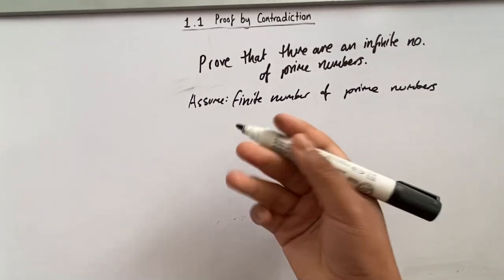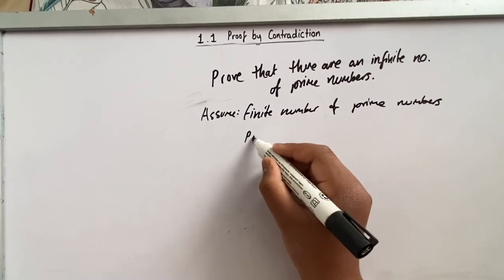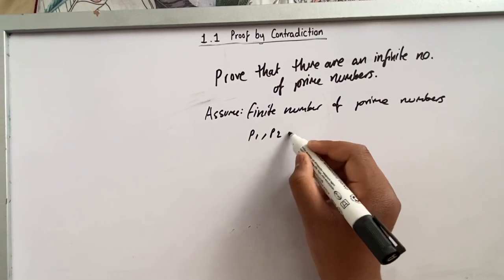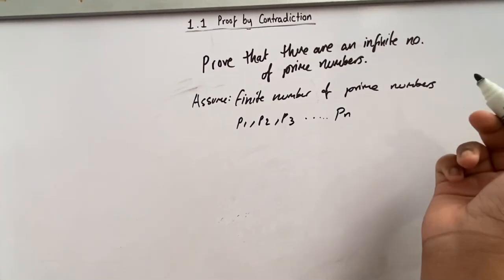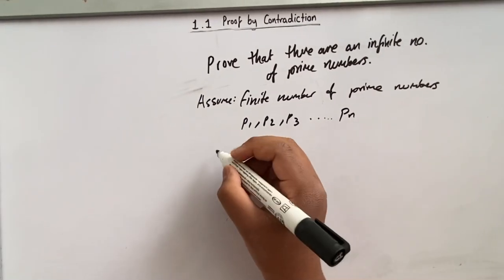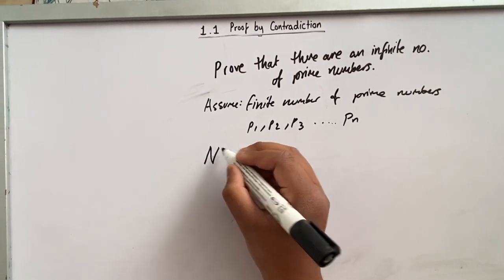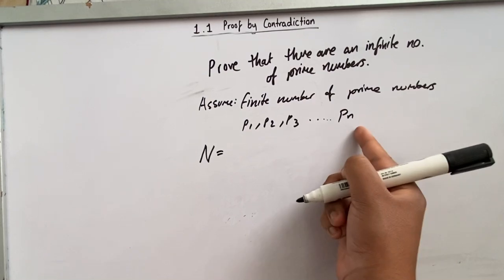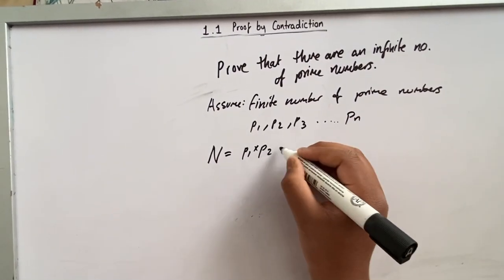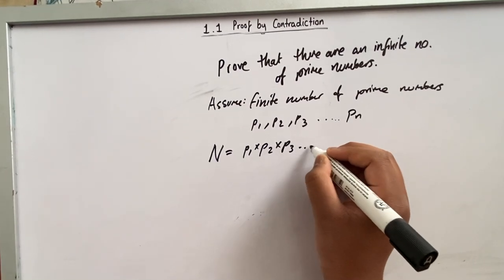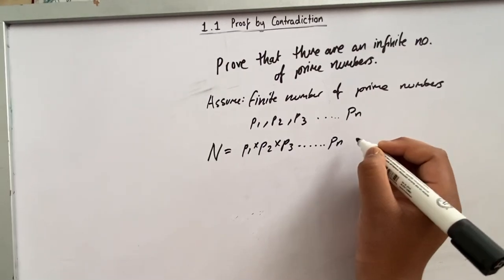This means you could list them all out: prime number 1, prime number 2, prime number 3, and so on and so forth, until prime number n, the last one. Let the number n equal all of the prime numbers multiplied together, p1 times p2 times p3 times all the way up to pn.